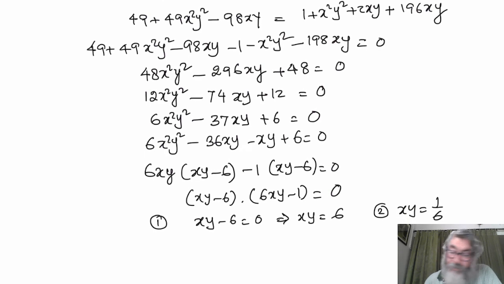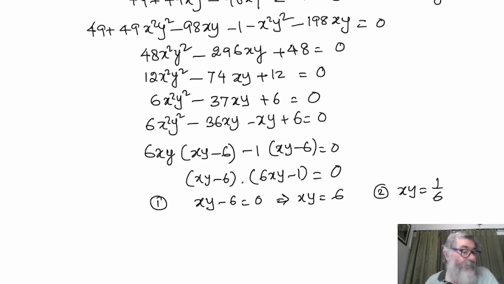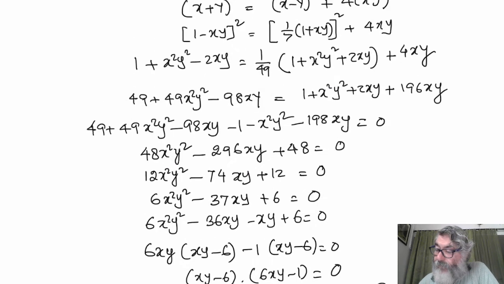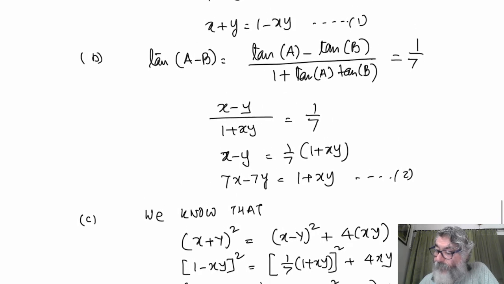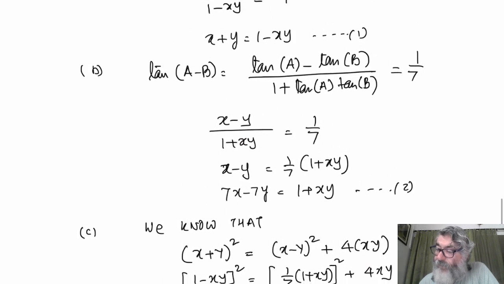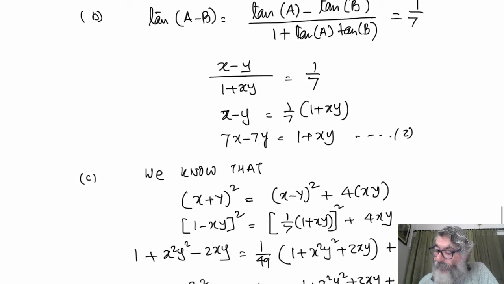Now let us take the first case, xy equal to 6, and put it in both the values, equation 1 and equation 2. Equation 1 was x plus y is equal to 1 minus xy.